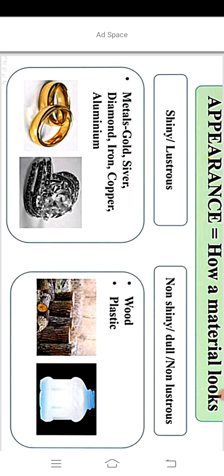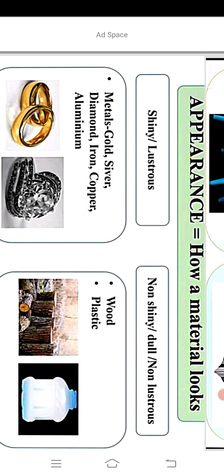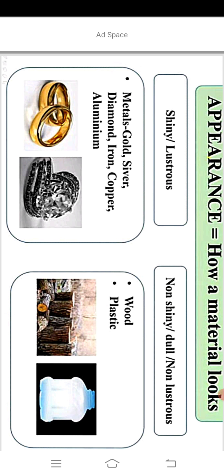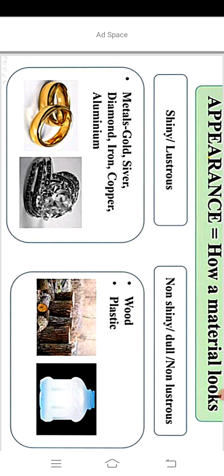So appearance means how a material looks. Depending upon this appearance, materials are of two types: lustrous and non-lustrous. Lustrous materials look shiny and non-lustrous materials look non-shiny. See the example: metals like gold, silver, iron, copper, aluminium are lustrous materials. Wood, plastic are non-lustrous materials.